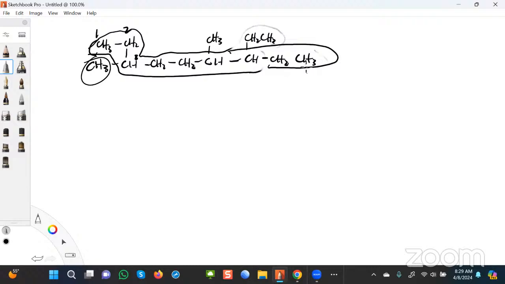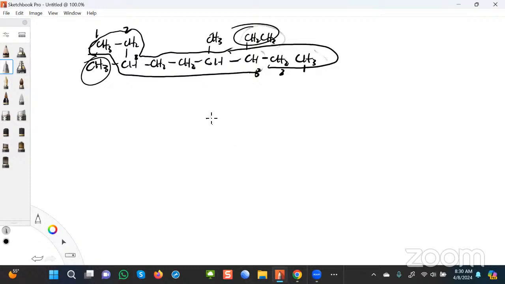If you start counting from here, 1, 2, 3, this ethyl group is on the third carbon as well. So the question now becomes, which end do we start from in this situation where you have a conflict? And not only that, you have this methyl group here, which is on the fourth carbon, but we'll get to that later on.